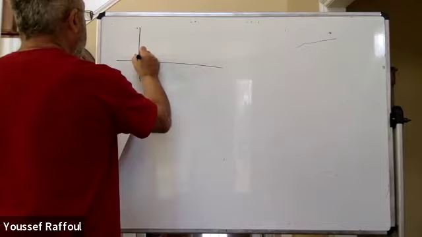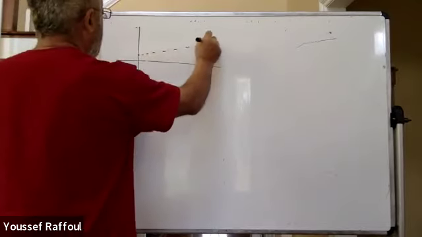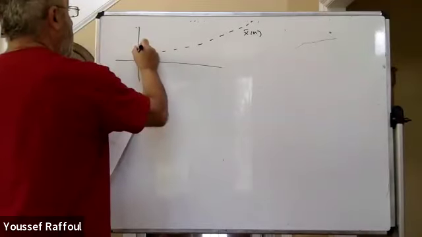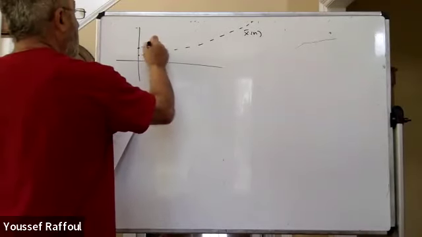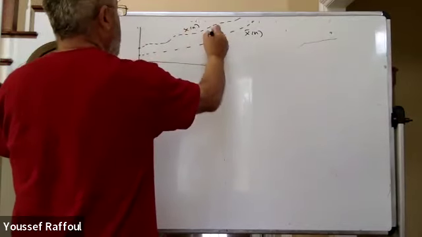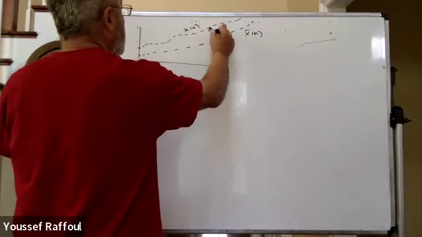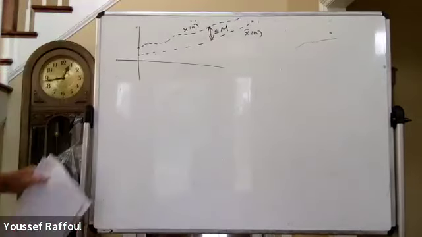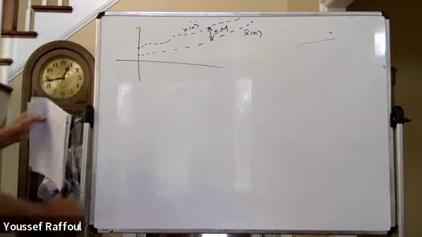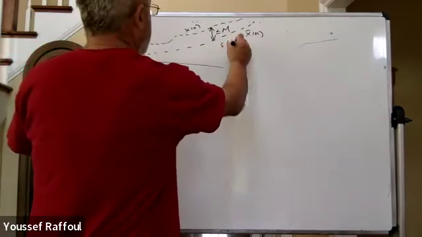If you have this x star of n, and another x_n, and the difference between them is always less or equal to m, this is stable.